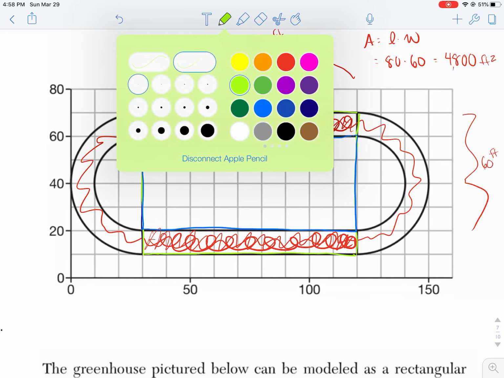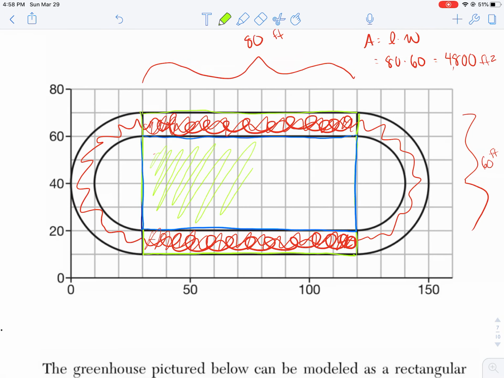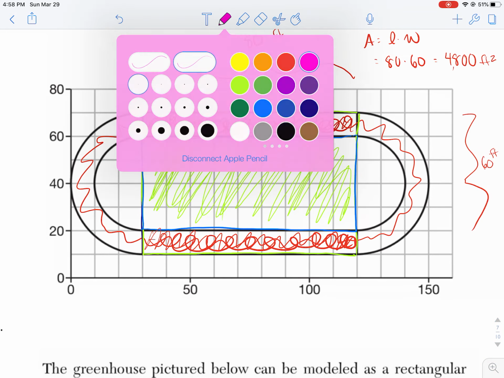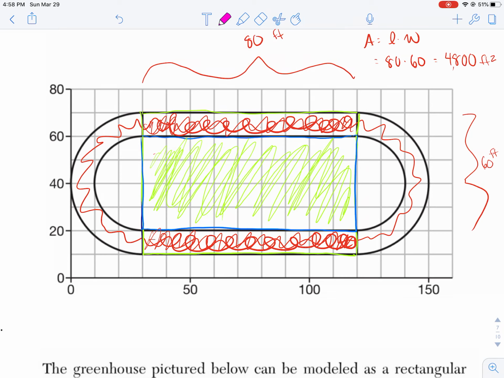Now, we want to subtract, let me get a different color here. We want to find out what this area is in here and subtract it from the larger area, and we'll be left with the stuff in the middle. Okay, so this smaller rectangle still has a length of 80 feet.